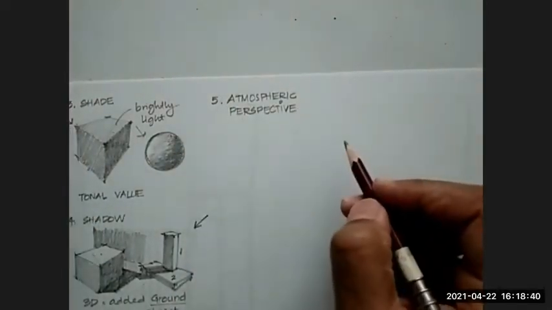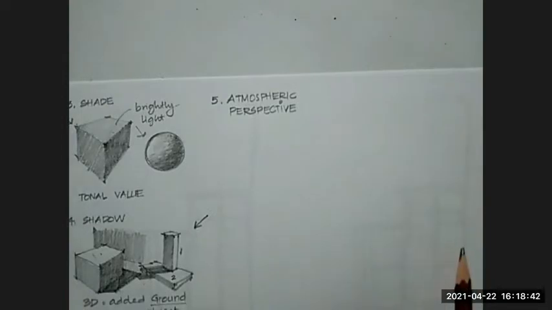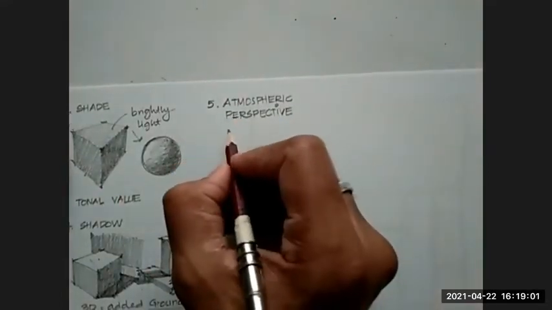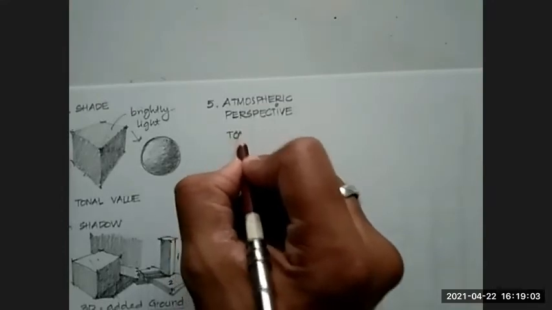What does this atmospheric perspective mean is that there is always environment or the air particles, molecules which come in our eyes and the object. They come in between and it creates some impact. What is the impact of this atmosphere? Is that the tonal value.